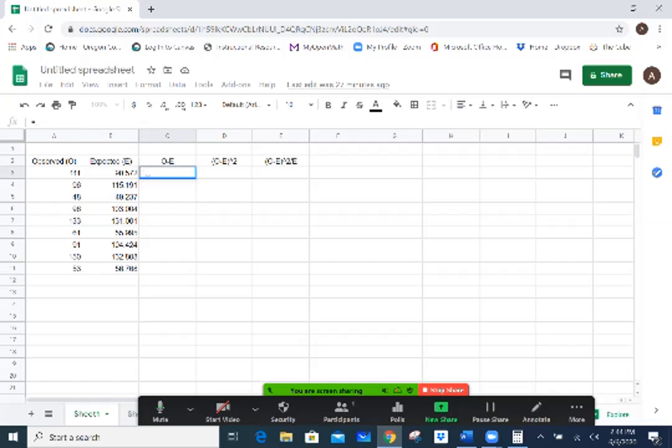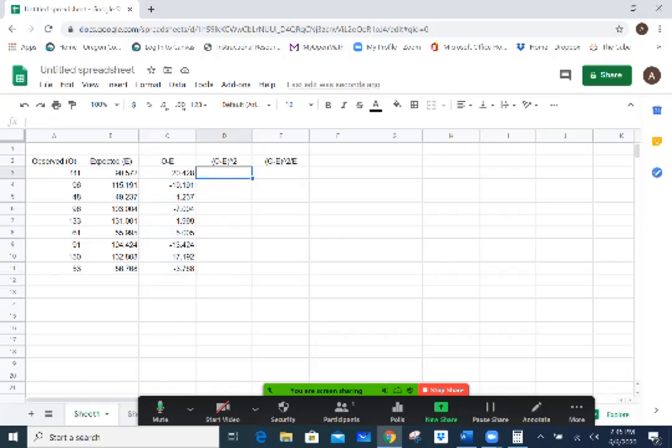So I just type out A3, and notice it highlights A3 for me, minus the expected, which is B3, and it highlights that for me, and then equals. So I'm going to copy that, and then I'm going to paste it into the others. So if you just copy and paste, you actually get the rest of them all worked out for you. All right, copy and paste.